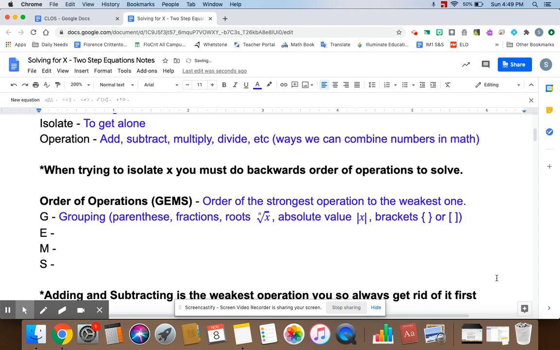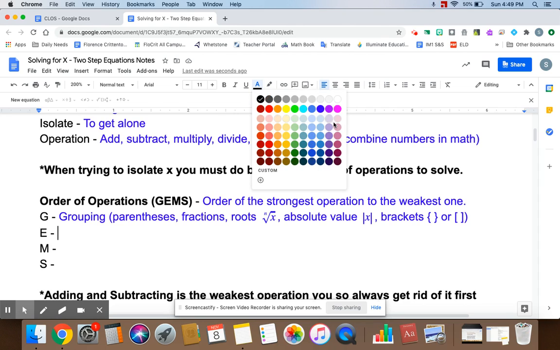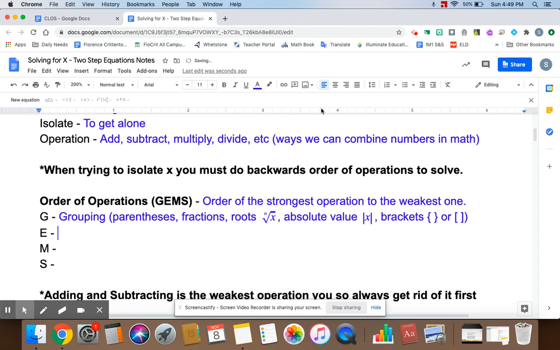These are the major types of grouping, and they tell you to group everything inside of it into one number first before you do anything else. So if you have parentheses, everything inside the parentheses has to turn into one number. If you have fractions, the top needs to be one number and the bottom needs to be one number before you can move on. So once all your grouping's done, the next strongest thing you have to do is E, which is for exponents.